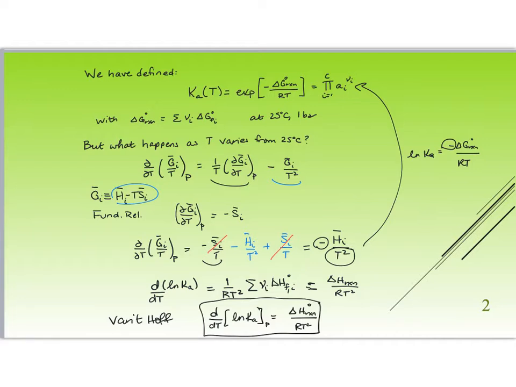Now, a couple of things that I want to point out. One is that if delta H of reaction is negative, this is an exothermic reaction.